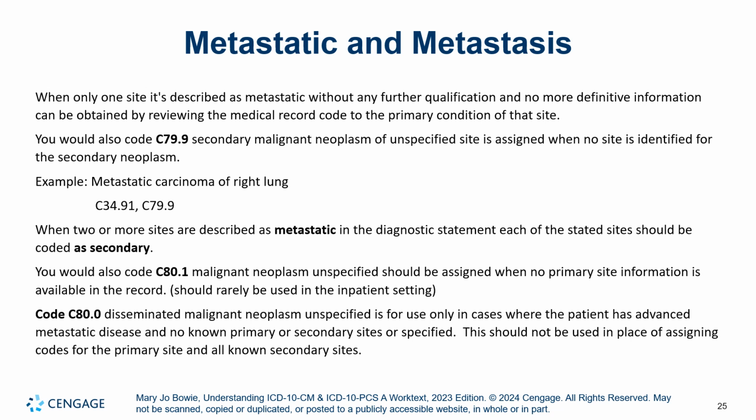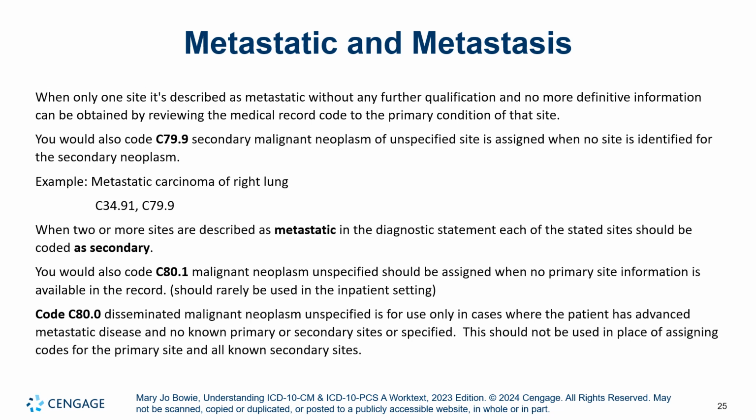And then what you would do is code your C79.9 as your secondary neoplasm, and that would be your secondary neoplasm of unspecified site because you don't have any more information. So an example of this would say metastatic carcinoma of the right lung.